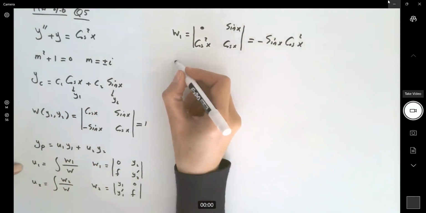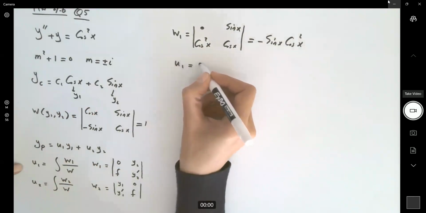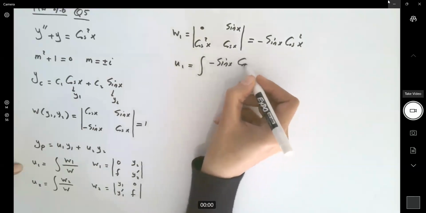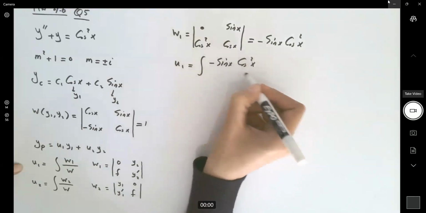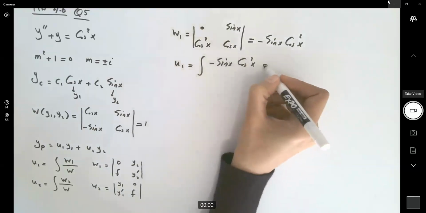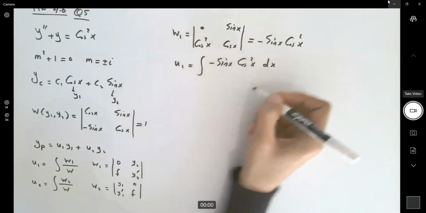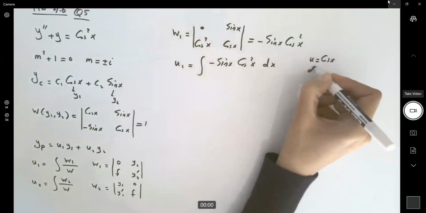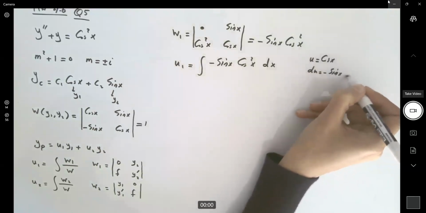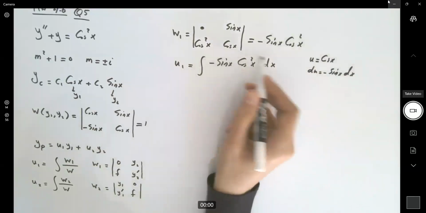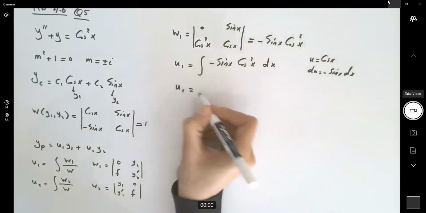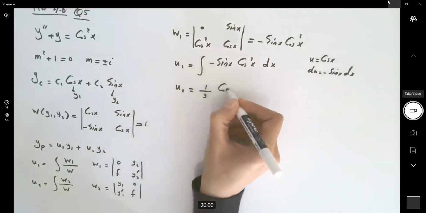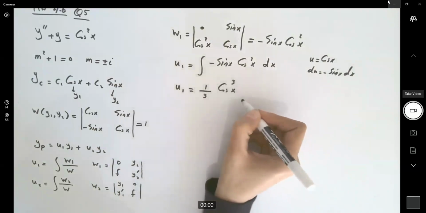Now u1 is equal to the integral of negative sine x cosine squared of x divided by the Wronskian, which is 1, dx. Using substitution, you can easily solve this. u is cosine x and du is minus sine x dx. So we have u squared. u1 becomes a third u cubed, or cosine to the third of x.